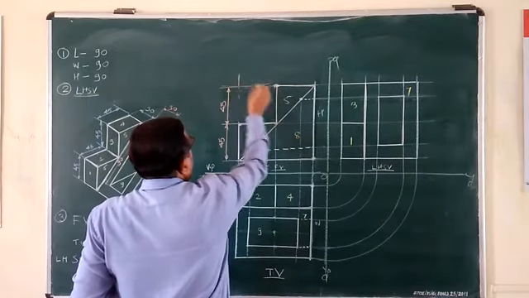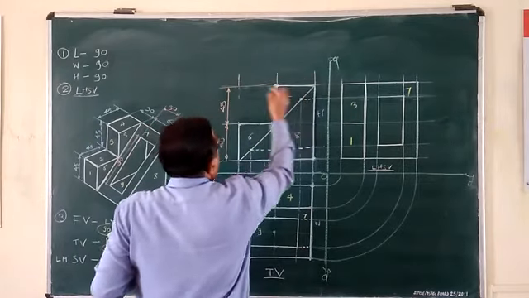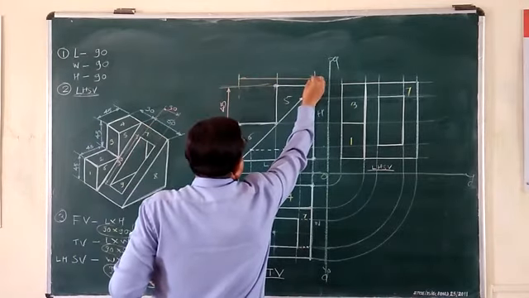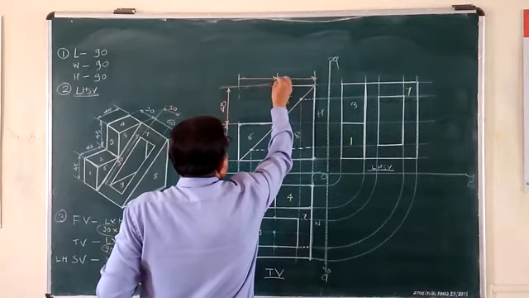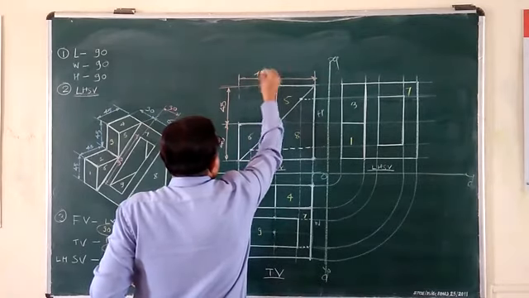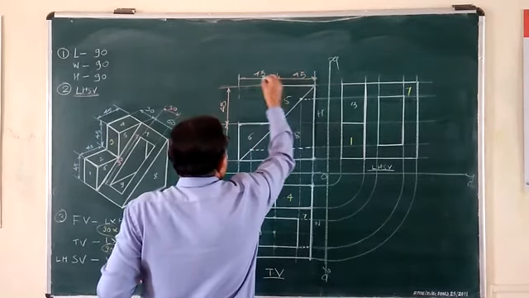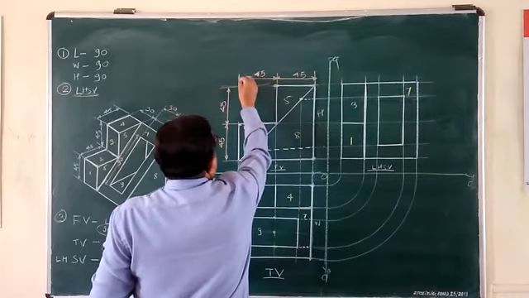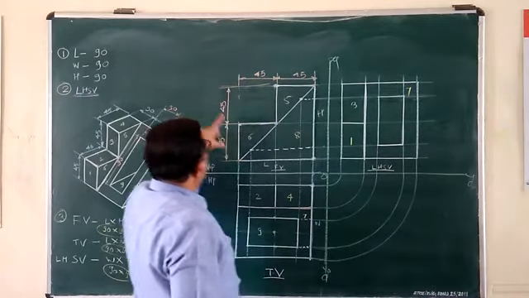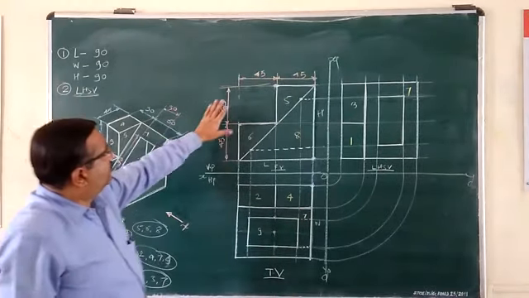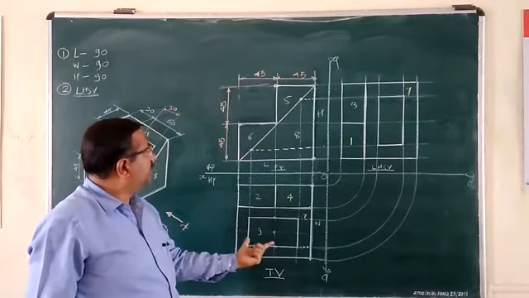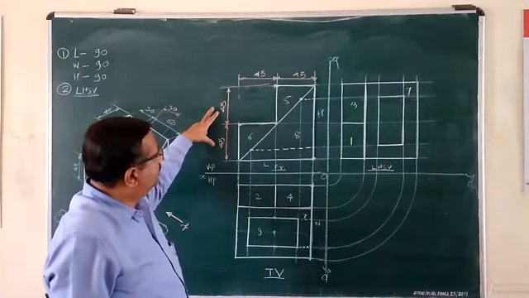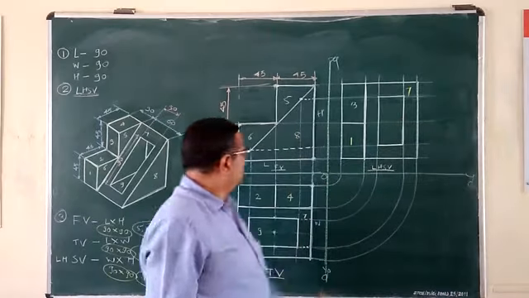Extend this here. Both the segments we can show here. 45 plus 45, 90. This is length, this is height. Okay, now once we have shown the length, don't show it again. Height is shown here in front of you, no need to show it at the side.